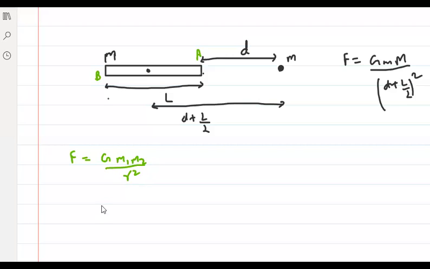The first question you should ask yourself. Now tell me, can I use this? If I cannot use this, then what? So the answer is yes, I can use this, but there will be some modification. We cannot calculate the force as such, because the force is changing.